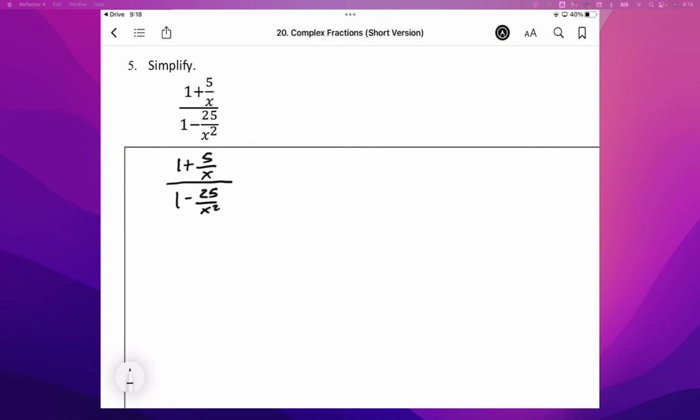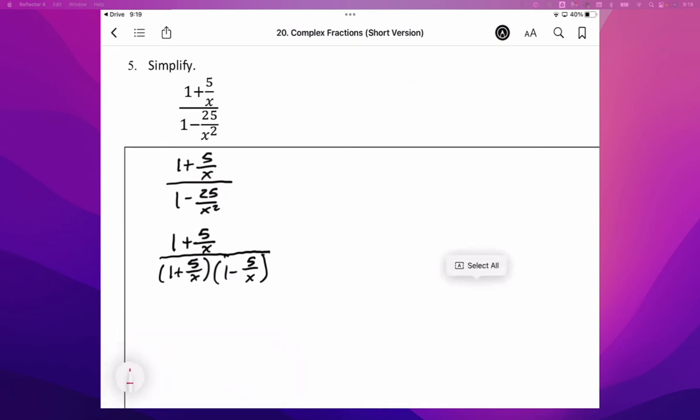And so if we factor this denominator, we would get 1 plus 5 over x and 1 minus 5 over x. Now again, there's not going to be one like this on the test. I think this problem is a bit too heavy, but it is what it is.